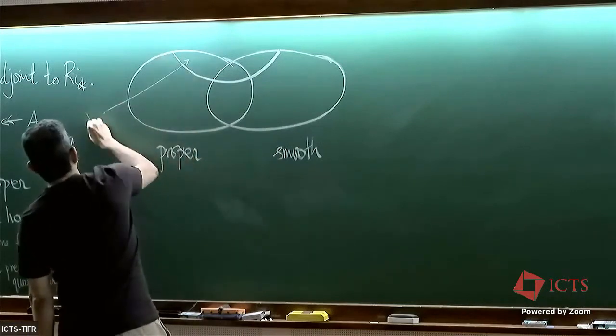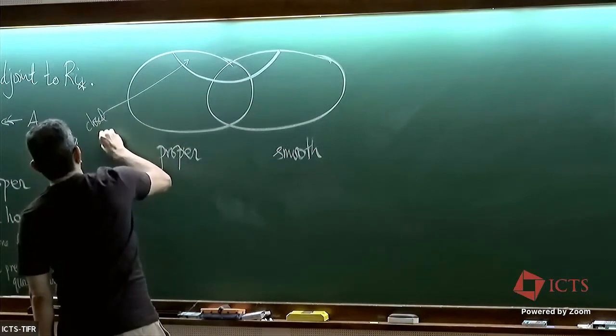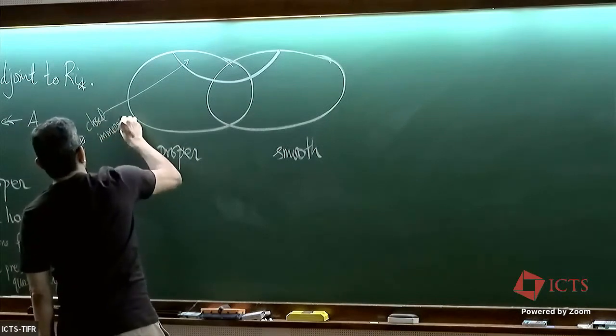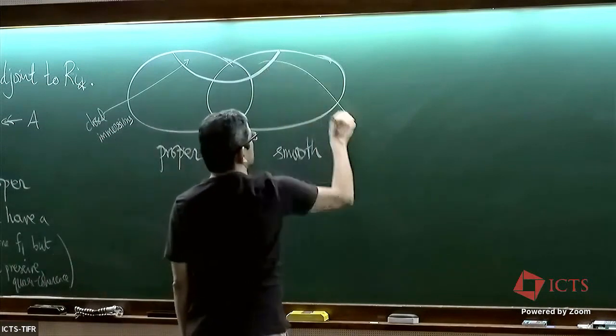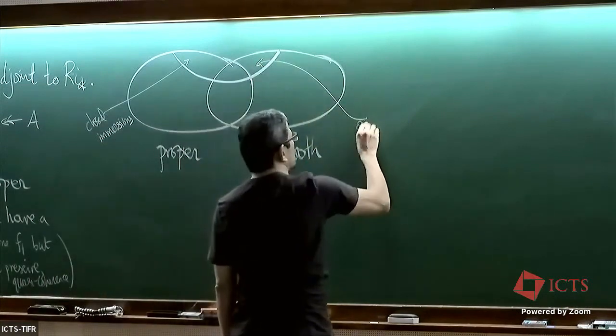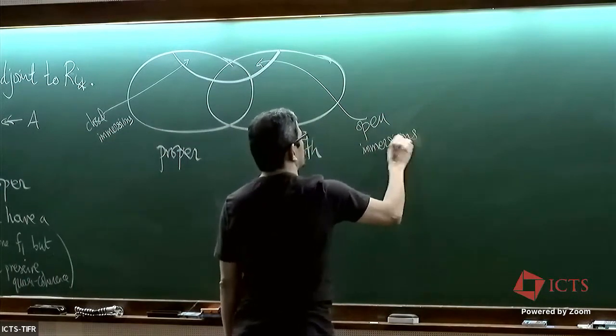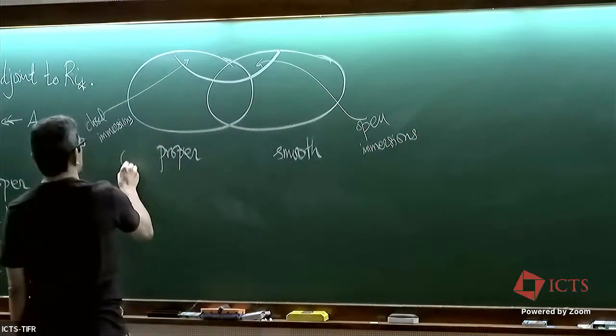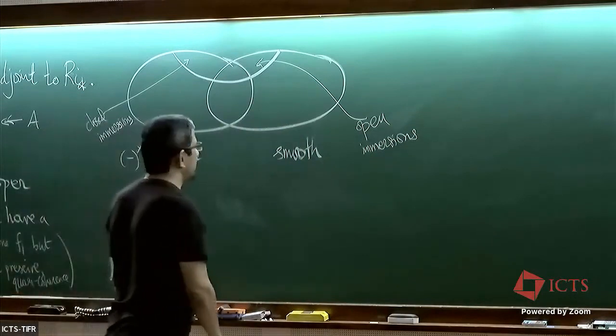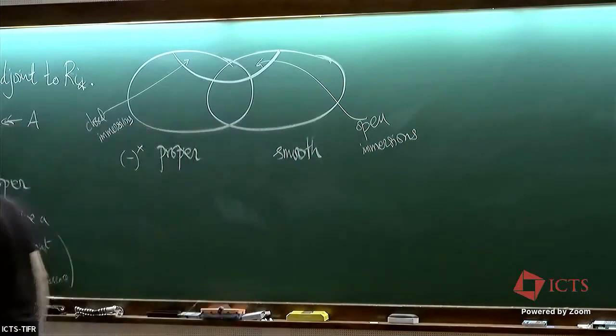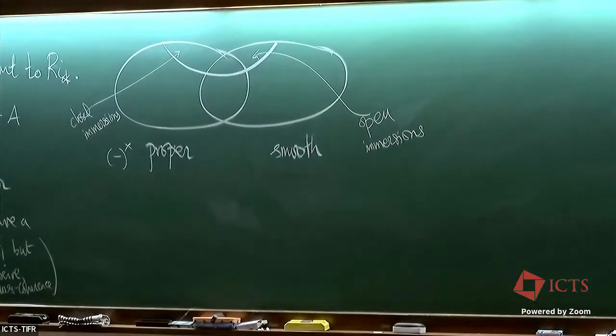So think of these as closed immersions, and think of these as open immersions. So I'm looking for a functor which looks like cross here, and here I didn't give a name to this functor. This one. So let's give this a name, but I'm reluctant to introduce one more symbol because these symbols don't really have any particular meaning.